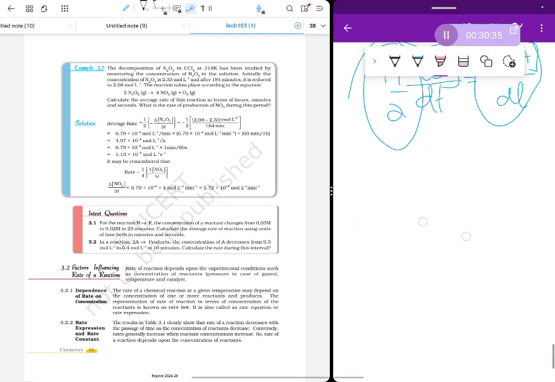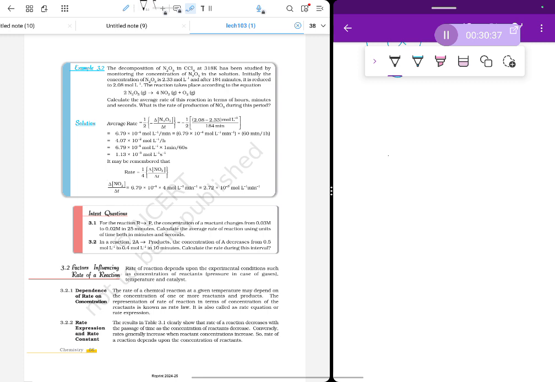How will we do that? See, they are asking for the average rate of this reaction in terms of hours. Average rate can be anything equal. For example, if I am saying A gives B, then minus dA by dt is the rate, also equal to dB by dt, right? The same way I can do here: minus 1 by 2 into delta N2O5 divided by delta T, that is the average rate of this reaction.